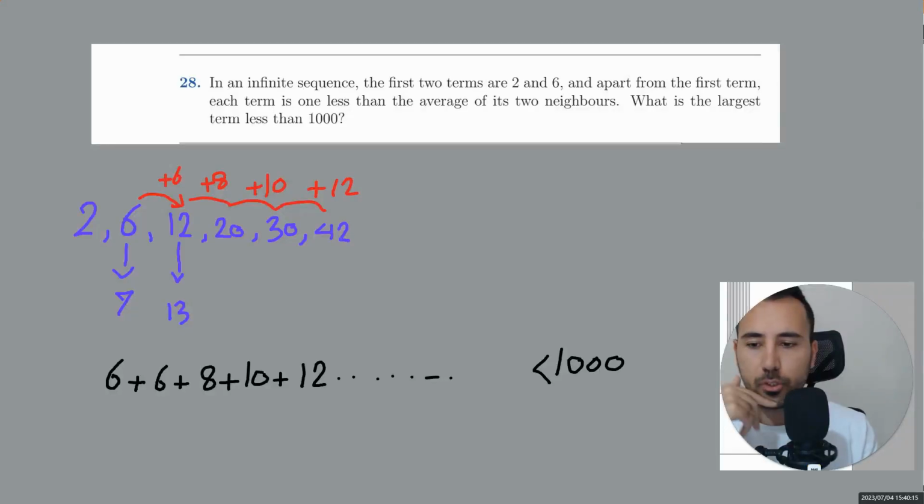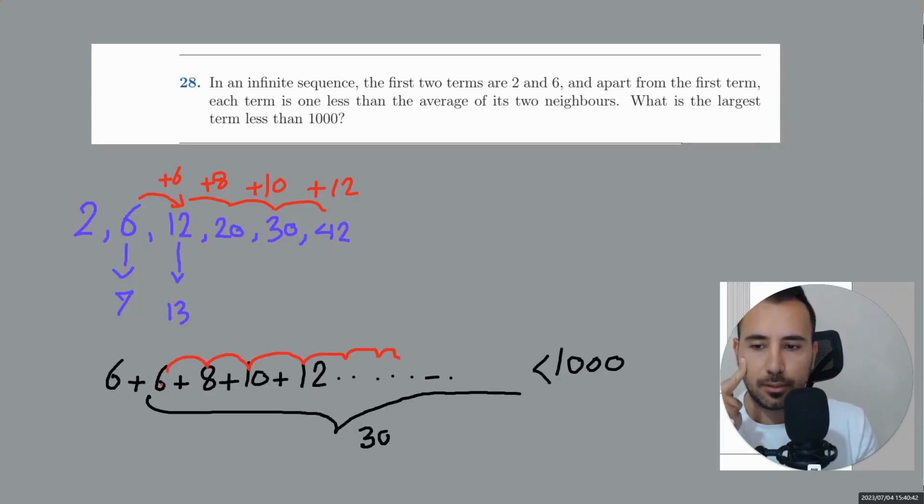So from here, you just have to make a guess. My guess would be 30. So from here to here, I would love to go with 30 terms. If we have 30 terms, what is the last number? The last number would be 6, and we're going to have 29 times, okay?